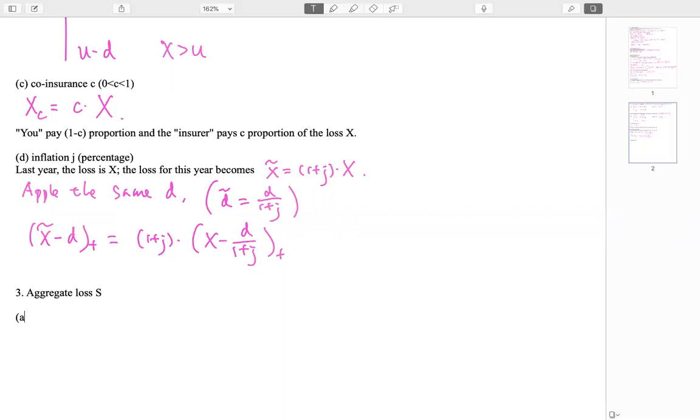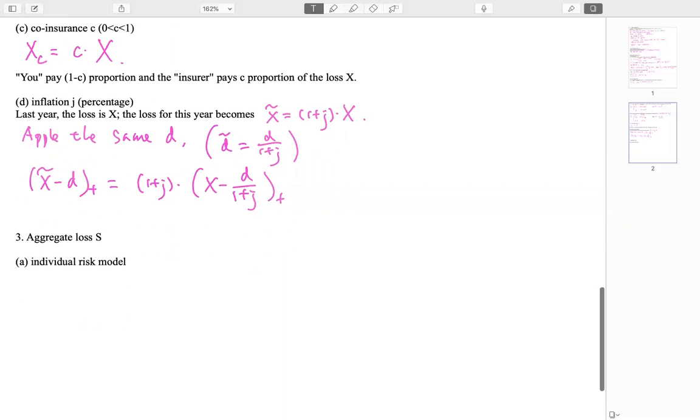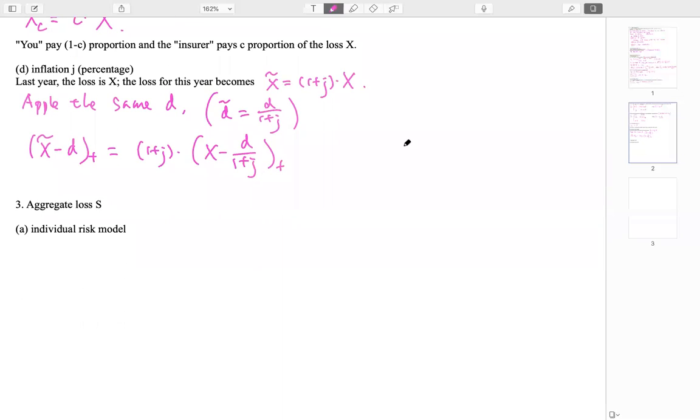So the first important one is the individual risk model. Let me write down what the model looks like. Here, all the X's are IID random variables, and we often just use X to represent the distribution of all those ones.